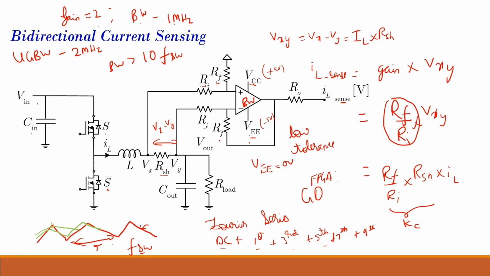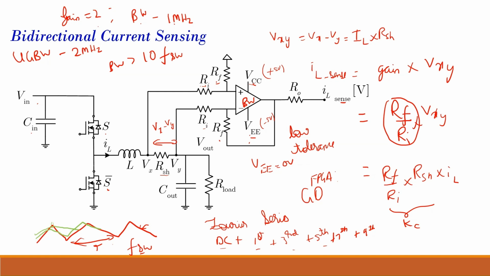You just need a signal which has a shape close to the signal it is sensing. For that, the standard thumb rule is that the bandwidth of your sensing should be at least 10 times your switching frequency.